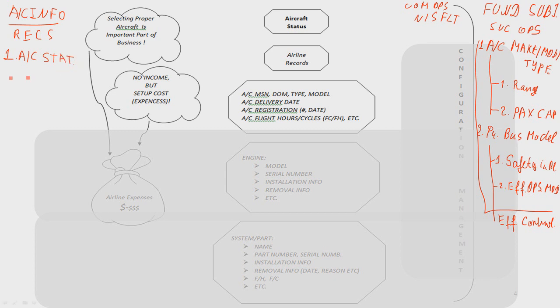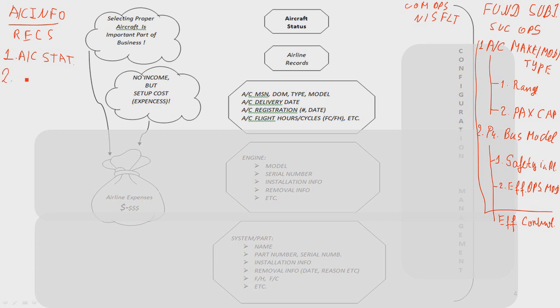Aircraft status. We need to know when we are buying aircraft, right? We need to know everything. It is old or it is new, it doesn't matter. We need to know everything. Configuration, if ADSB was done, the repairs, etc. So we need to check all records, engine information also included.